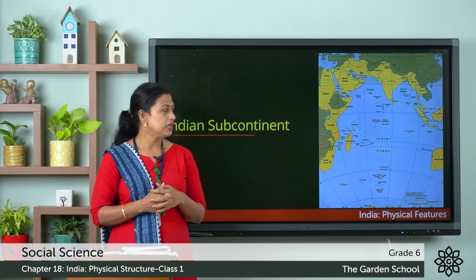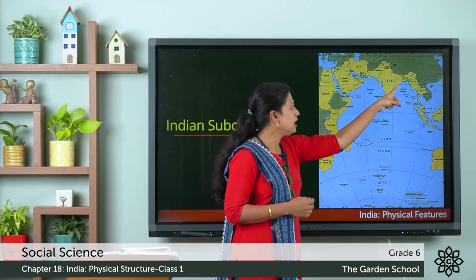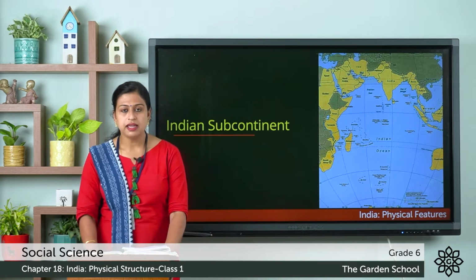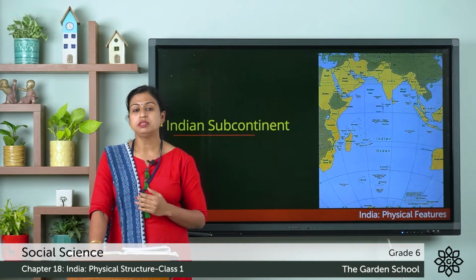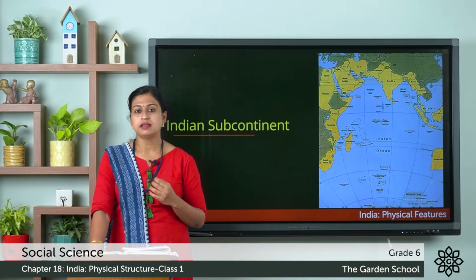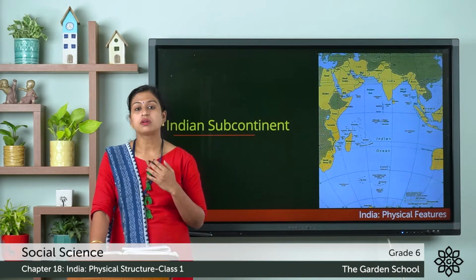The next thing that you can see here in the map is that the southern part of India is surrounded by 3 water bodies, that is the Arabian Sea to the west, Bay of Bengal in the east, and to the south lies the Indian Ocean, and that's why it is known as Peninsular India. And India also has a long coastline.